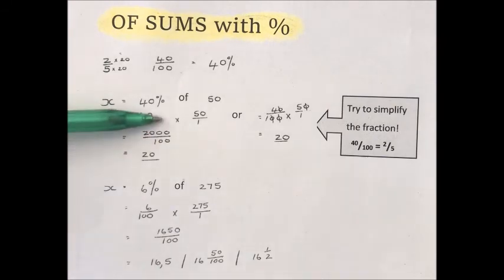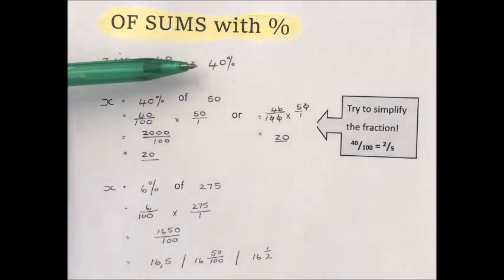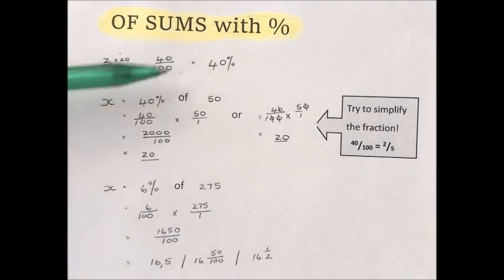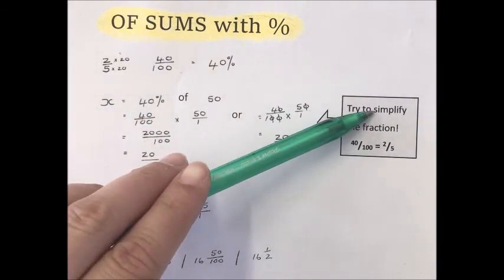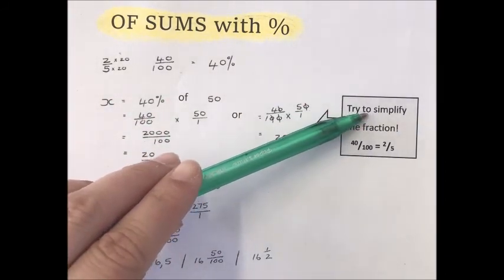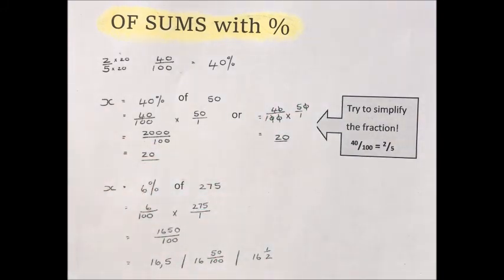But you wouldn't have been able to use 100 if you wanted to use method 2. Method 2 will not work with this example, because even if you do change it to 50, 50 does not divide into 275. So very important, if you get your percentage, simply put it on 100, which is your fraction, and then simplify as far as possible. What you do at the top, you must do at the bottom.